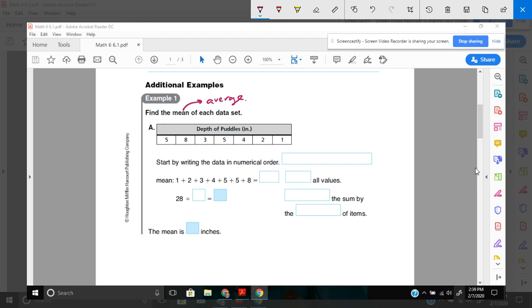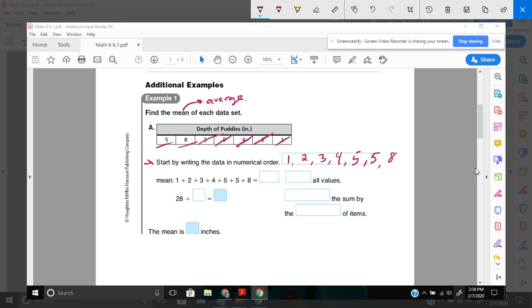In this case, they want us to start by writing the data in numerical order, so least to greatest. You don't have to do this, but sometimes it makes your data a little bit easier to follow. So we have a 1, a 2, a 3, a 4, 5, another 5. Notice how I list 5 twice, and then an 8.